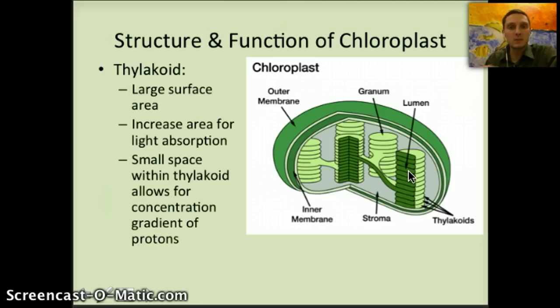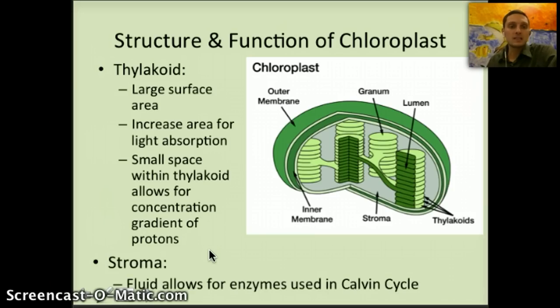The small space within the thylakoid allows for a high concentration gradient of protons to be produced that are going to be necessary in that electron transport chain. And lastly, the stroma, the jelly space outside of the thylakoid, allows for the enzymes necessary for the Calvin cycle to react and to carry out those processes that we'll see in our next video.